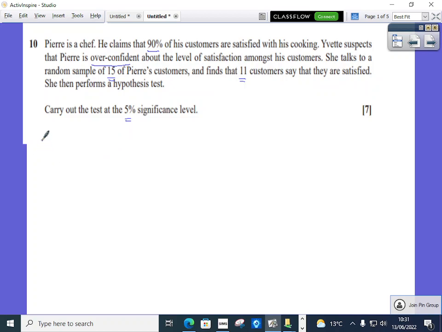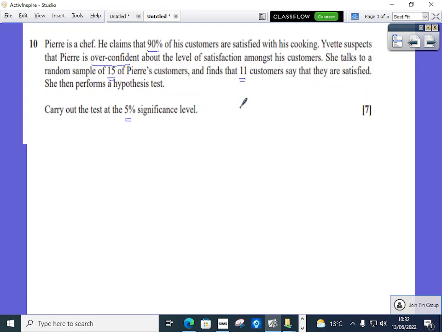Now, first of all, let's set this up. So what we got is Pierre saying 90%. So you could do this 2 ways. I'm going to use it as a binomial.